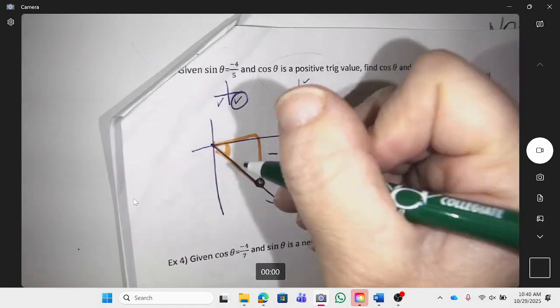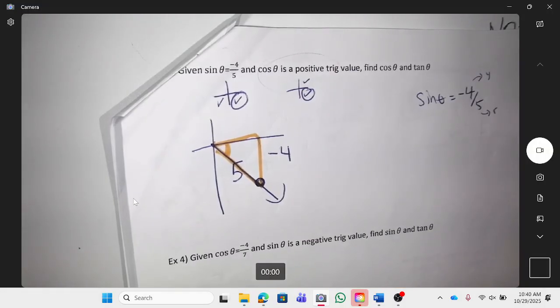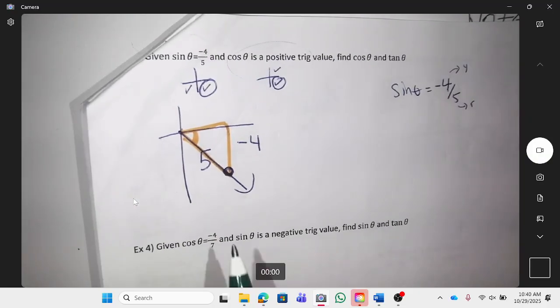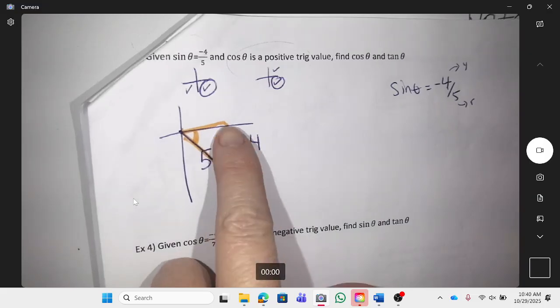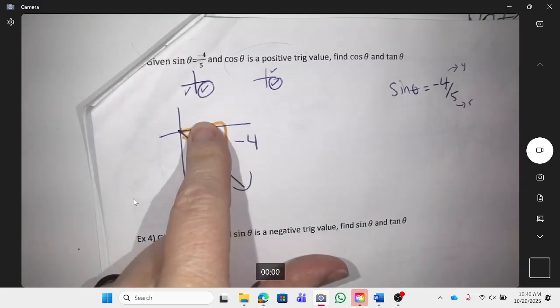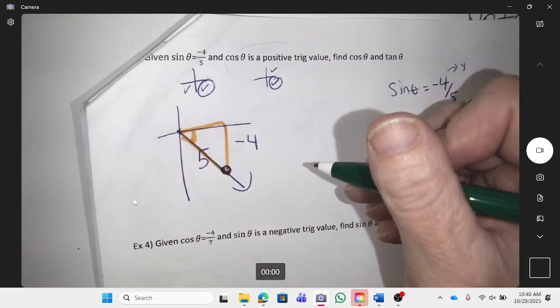The Y and the R, they can be on my triangle walls now because I figured out where they need to go. So opposite, hypotenuse. Okay, so this is a little different because this is now not finding the R, I'm trying to find this wall. So how do I find this? Backtrack.